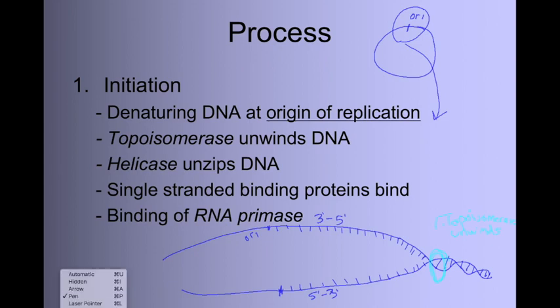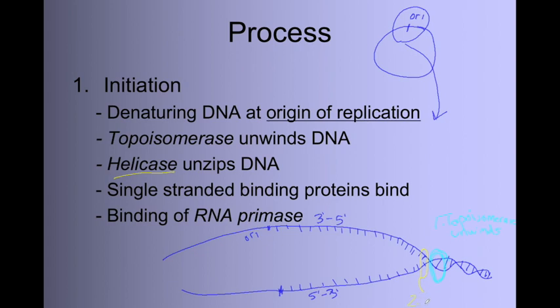Here we'll put a helicase. Helicase is the second enzyme here. A helicase unzips that DNA. In other words, it breaks open those hydrogen bonds that were once keeping these nitrogenous bases together.